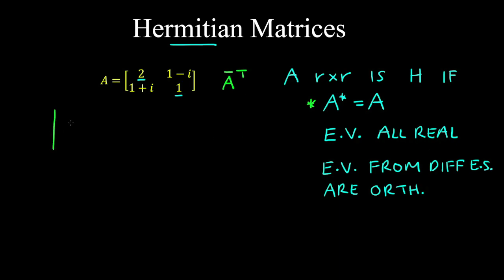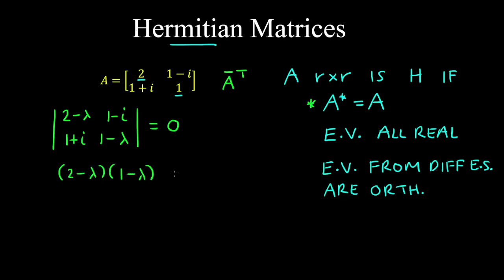And to find the eigenvalues of a complex matrix, we solve the characteristic equation. So what we get is 2 minus lambda times 1 minus lambda minus 1 minus i times 1 plus i, which is 1 minus i squared, and that's equal to 0.